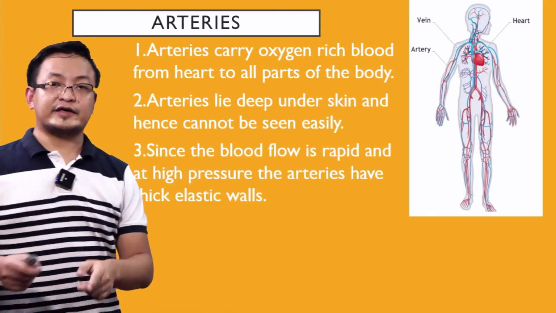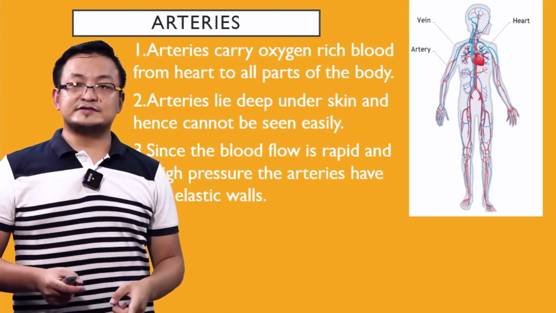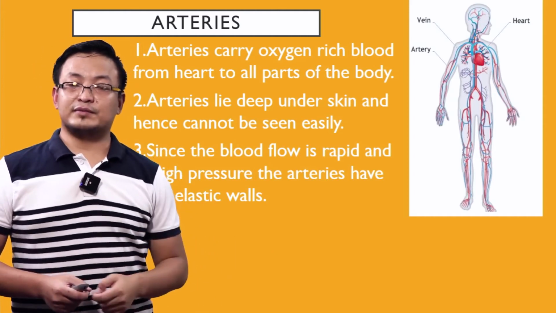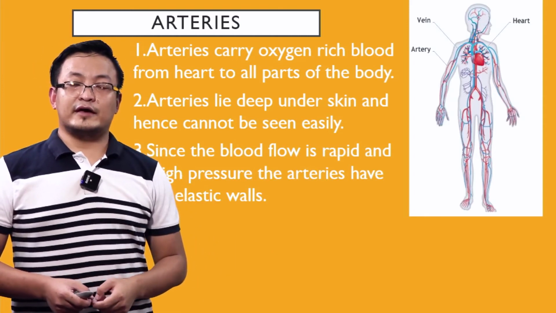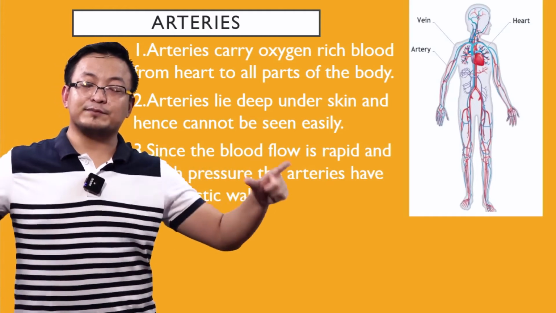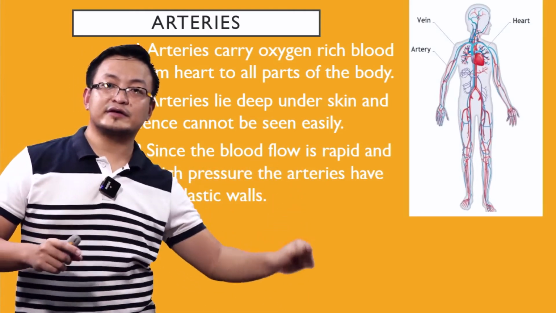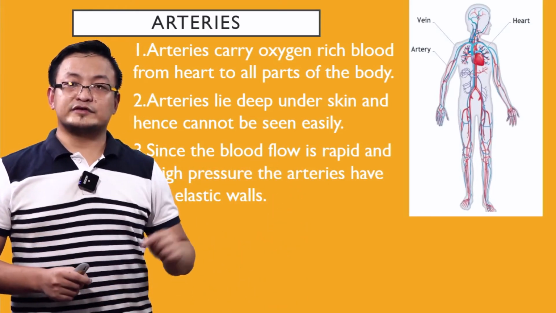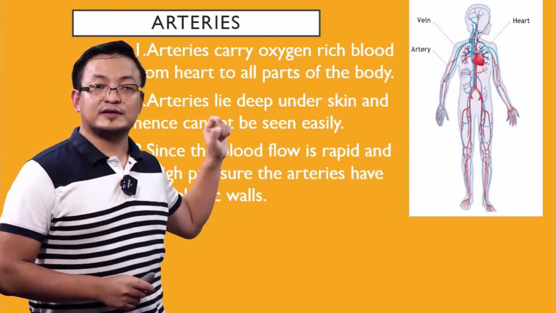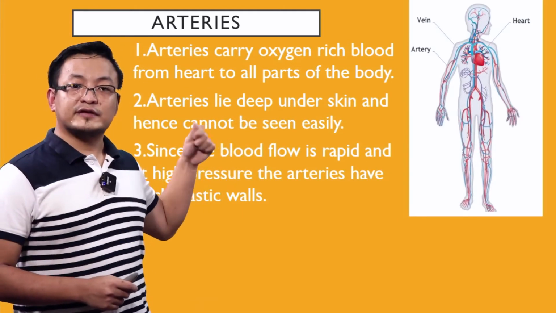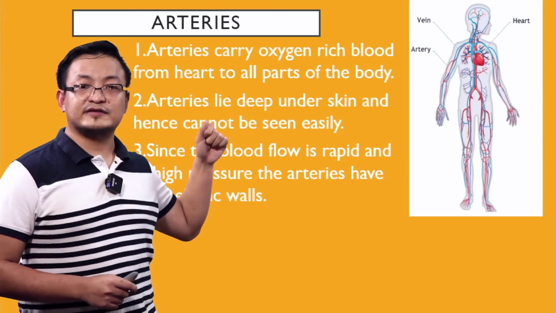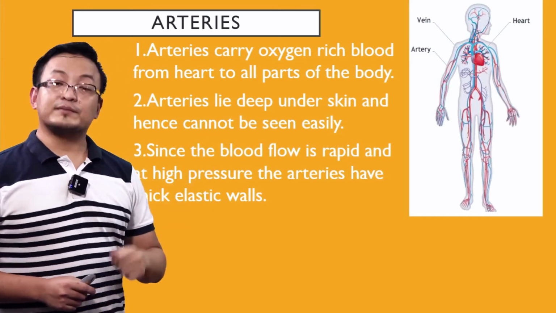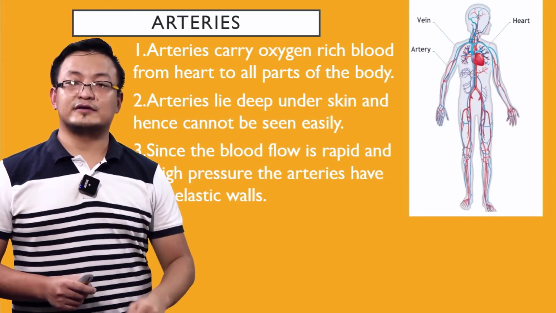Blood flows in the blood vessels, which are pipe-like. You will see many connections there. These arteries are not visible because they lie deep under the skin, and the blood flow is rapid here.